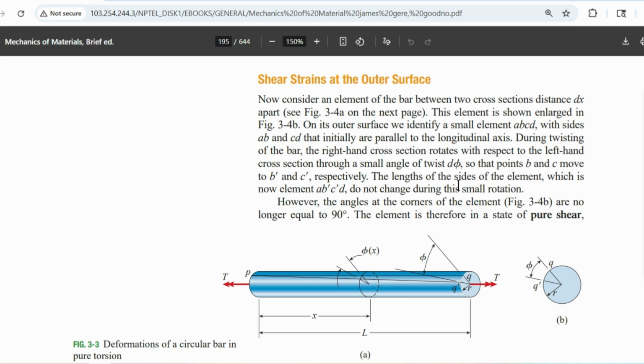But you're going to have a series of differential slices throughout that cylinder, and you do have a change from one to the other, so even though you have a differential slice dx, the left-hand and right-hand face do rotate, and that angle is d phi.